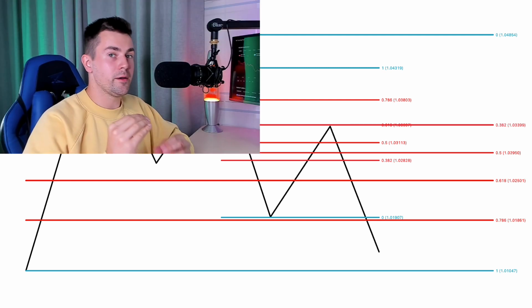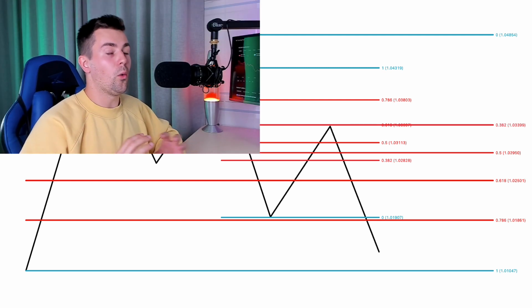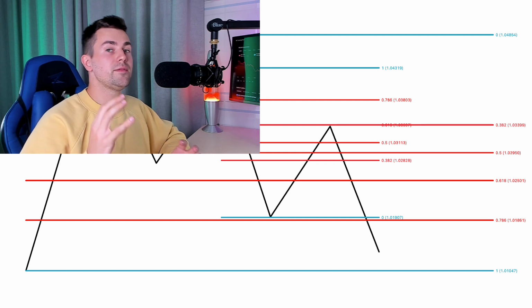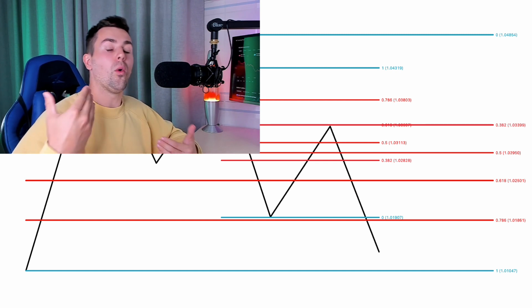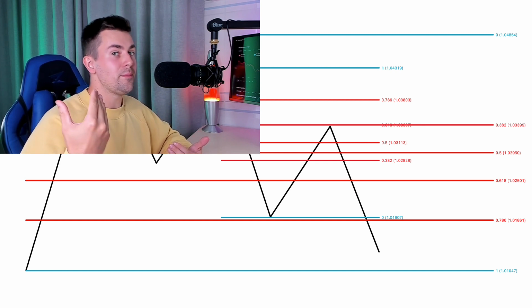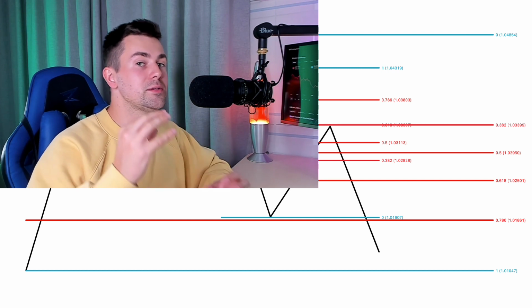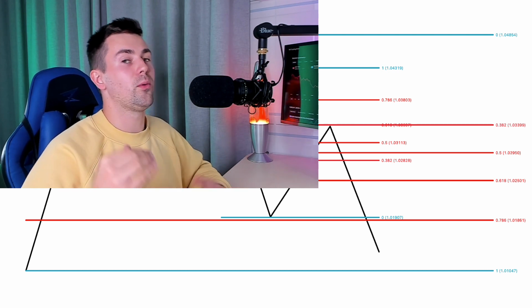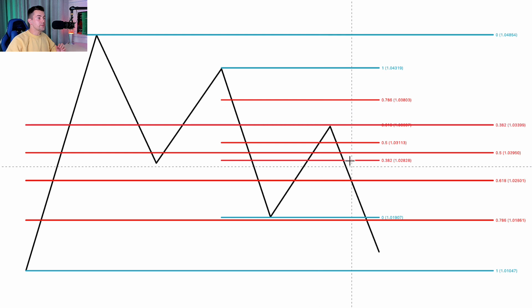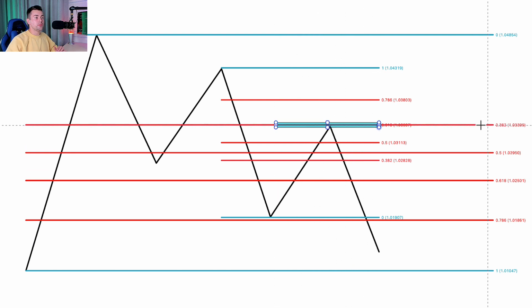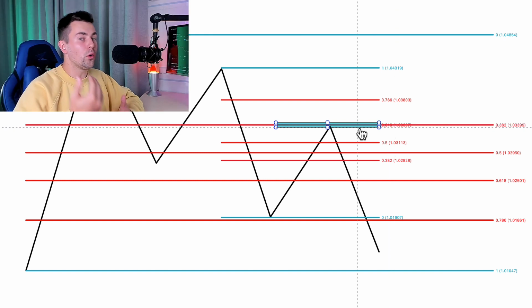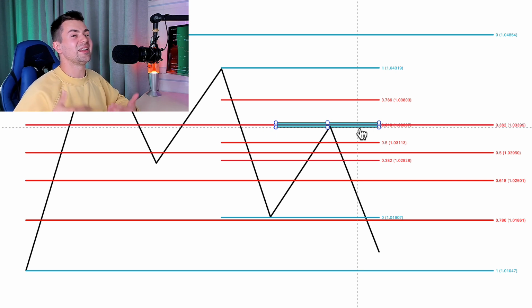There are certain points on the chart where the Fibonacci retracements of different levels match, and your task is to identify such points of confluence. You can see that here we have a perfect match between 32.2 and 61.8 retracement, and the point of confluence gives you a significant liquidity cluster.